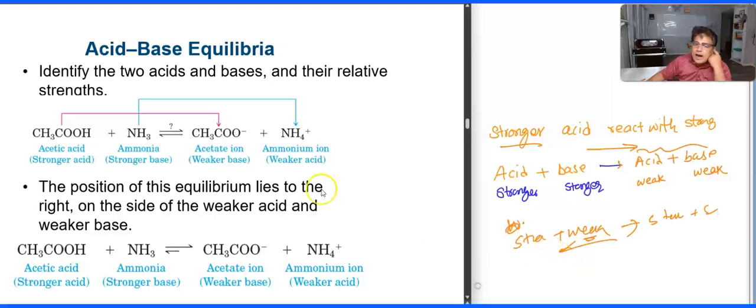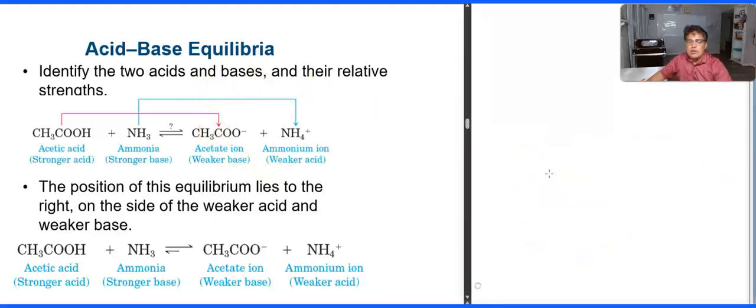Now let's identify the two acids and bases and their relatives. First, acetic acid, CH3COOH, plus NH3 gives you CH3COO minus plus NH4 plus.